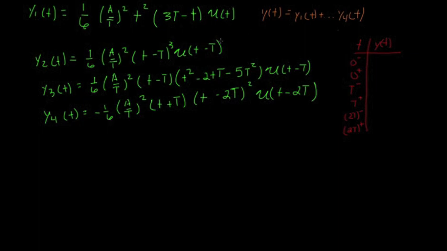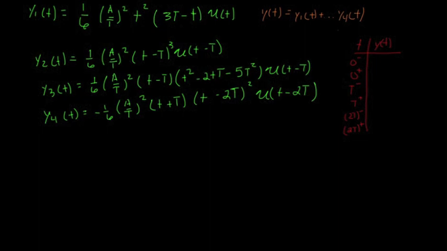If the argument is positive, then the term goes to 1. If it's negative, the term goes to 0. This is more clearly defined in the PDF that you can find in the comments section of this video. But to begin evaluating, let's evaluate at u of 0 minus.